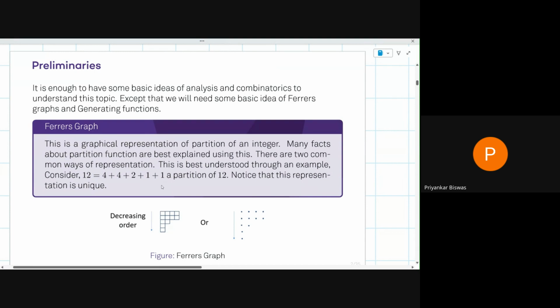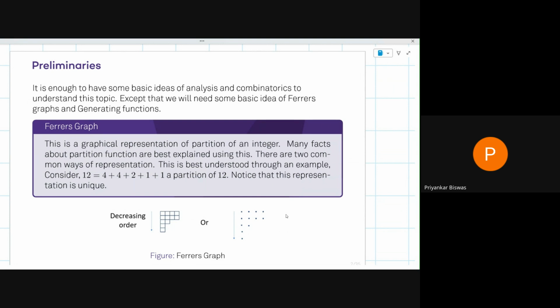To make the Ferrers graph, first of all we have to arrange it in decreasing, non-increasing order. Then arrange it in strings of dots or strings of boxes. Here there are 4 dots, then 2, and then 1 and 1, and you can also represent it in box form. So is the Ferrers graph understood by all of us?